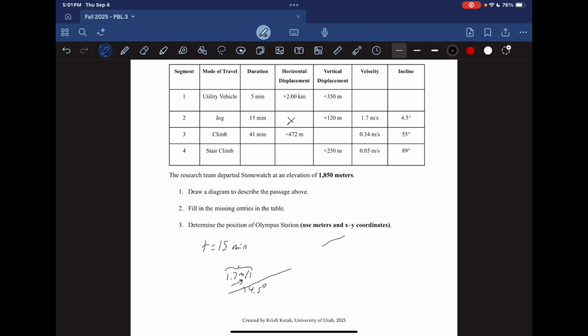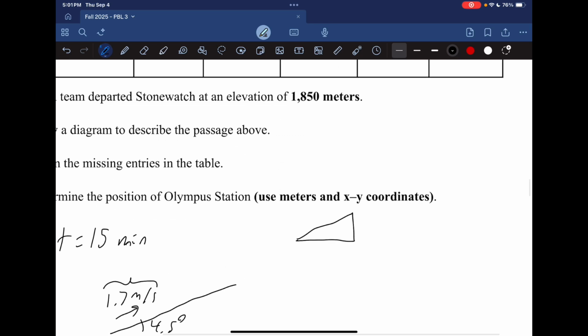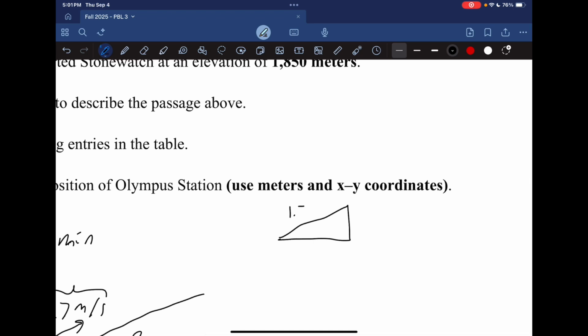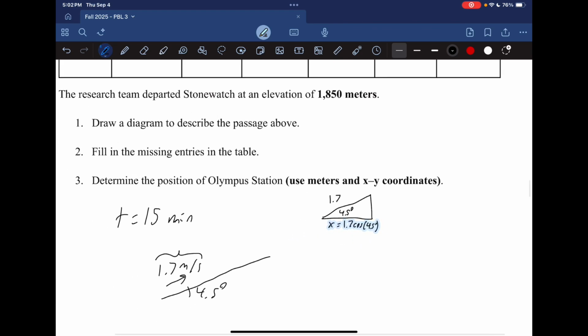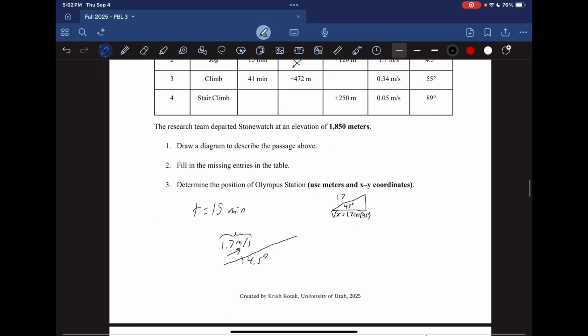Going back to our triangle, we have 1.7, and this is 4.5 degrees. So the x component here is going to be 1.7 cosine of 4.5 degrees, not 45 degrees. That would give us a very different answer. I'm going to call this v sub x, our velocity in the x direction.